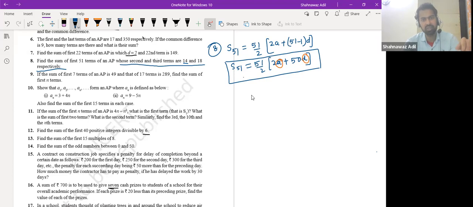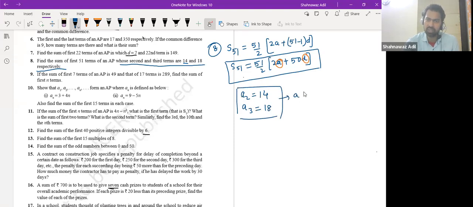Like the nth term? Yes, same. So A2 and A3. So you have A2 and A3. Please find out what would be A and D, and tell me.